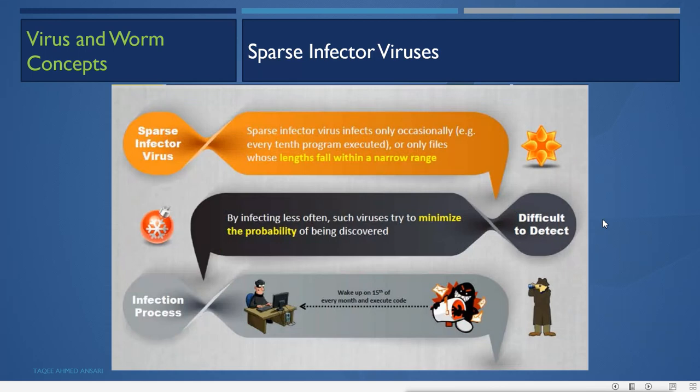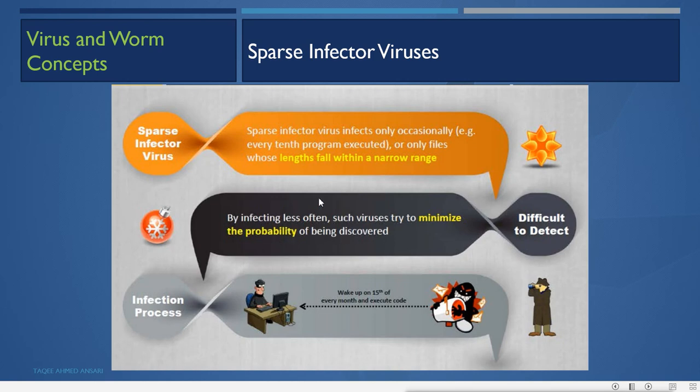Now sparse infector virus. This sparse infector virus infects only occasionally. For example, every 10th program executed, or only files whose length falls within a narrow range. Very difficult to detect. By infecting less often, such viruses try to minimize the probability of being discovered.